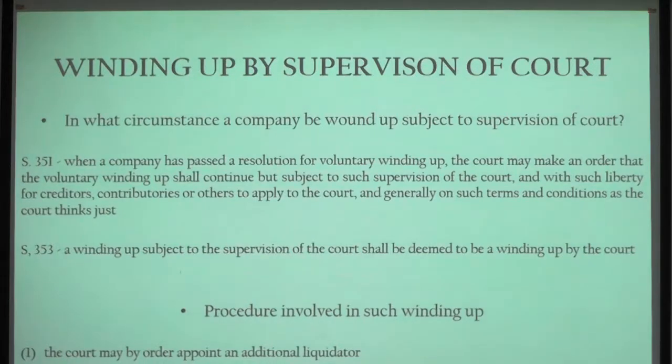So, in what circumstances may a company be wound up subject to supervision of the court?